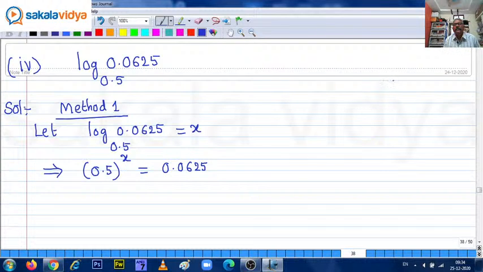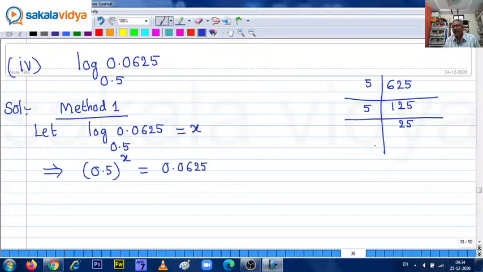See, the 625 factors, let us find out. Prime factorization. 5 125s are 625, and 5 25s are 125. Again 5 5s are 25. So 625 equals 5 raised to 4.